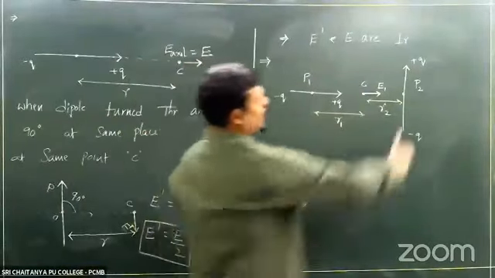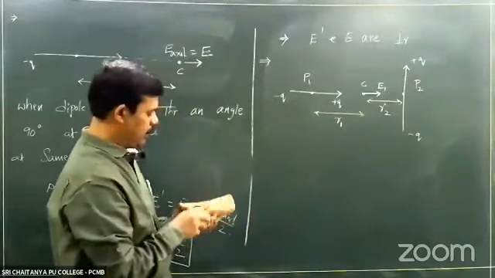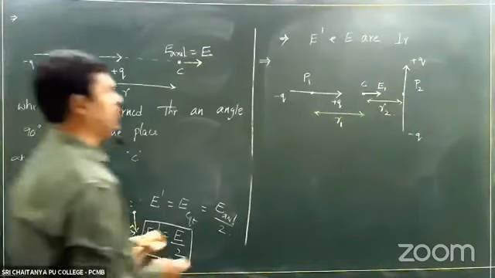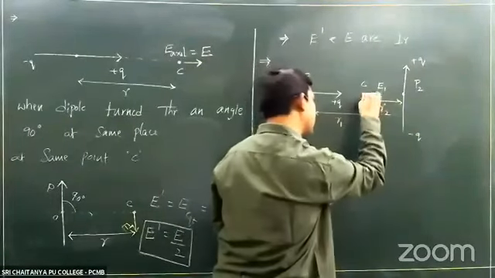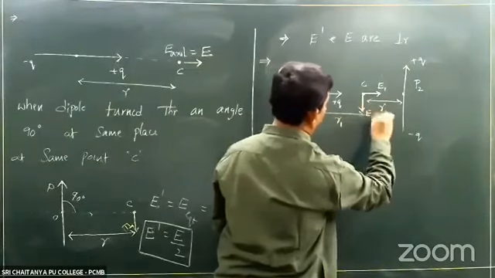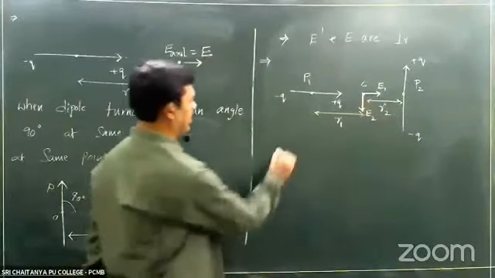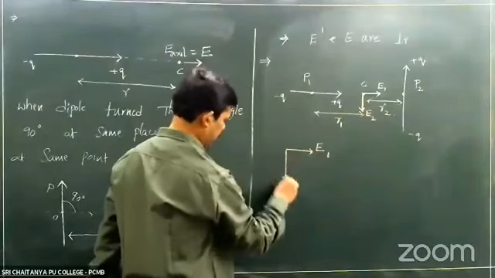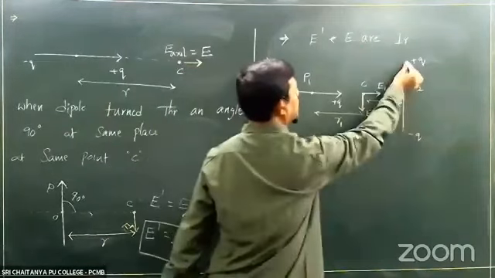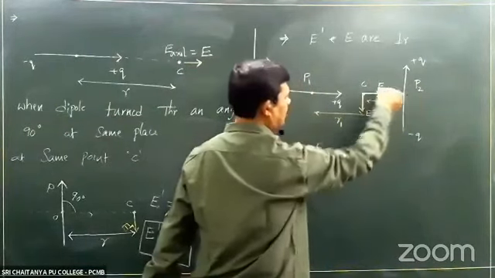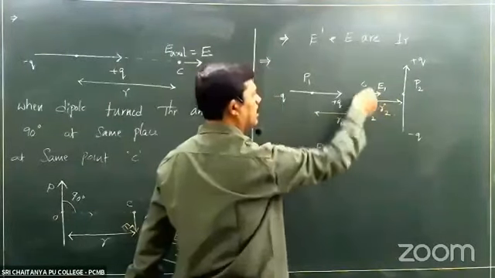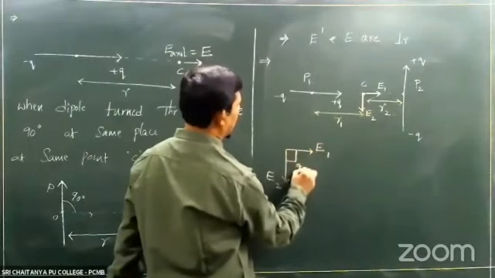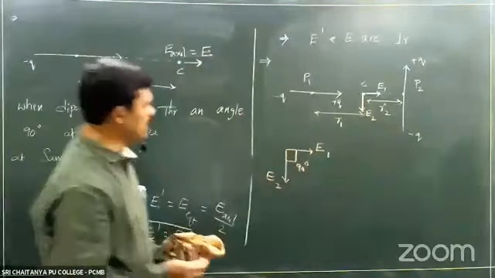For the other dipole, the field direction is opposite to the dipole moment, since the point comes on its equatorial line. So E1 is in this direction and E2 is in that direction. They are perpendicular.